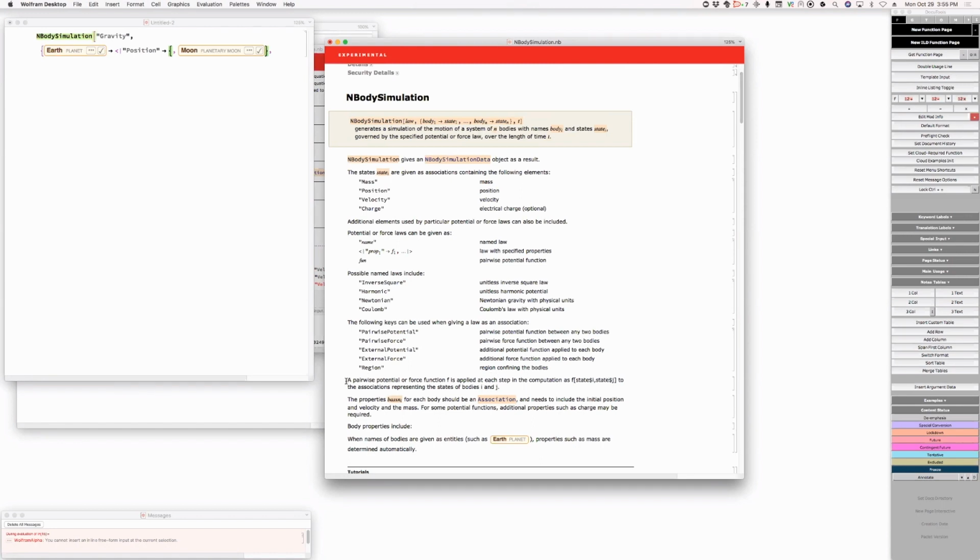Pairwise is applied to all pairs. It's applied for all pairs of bodies I and J in the form. Yes.